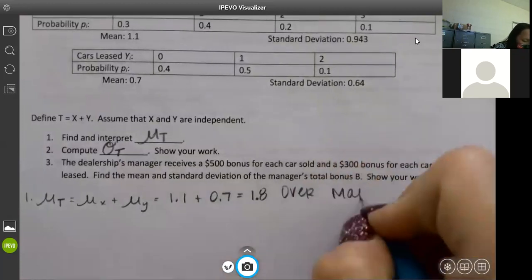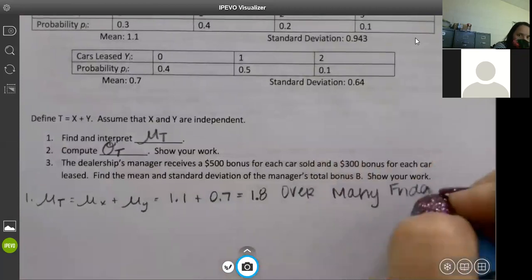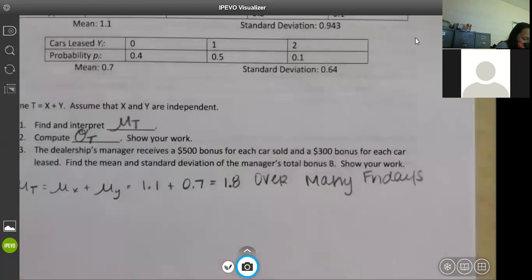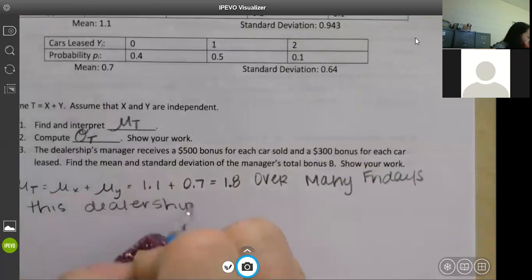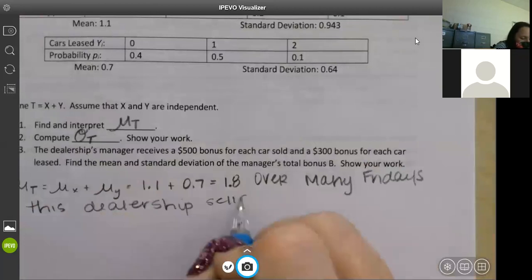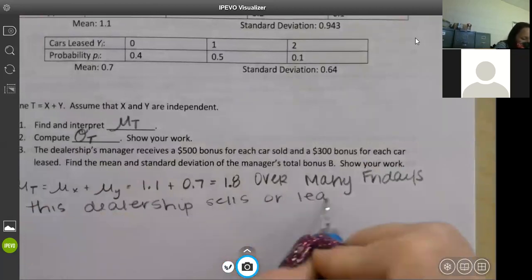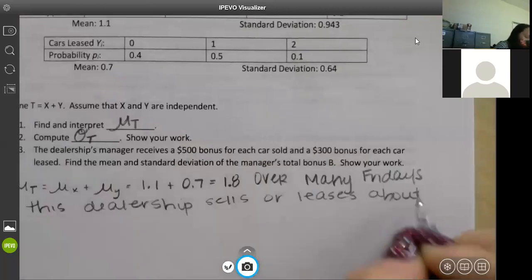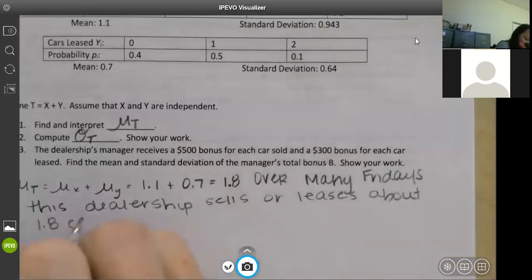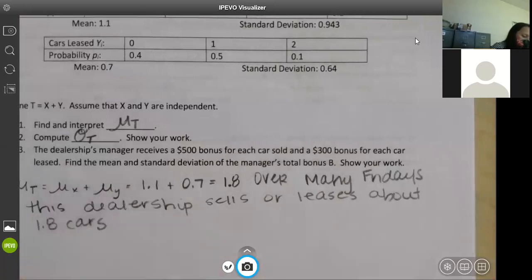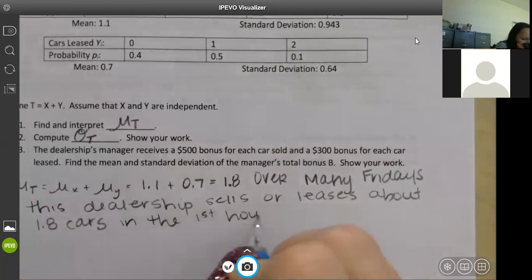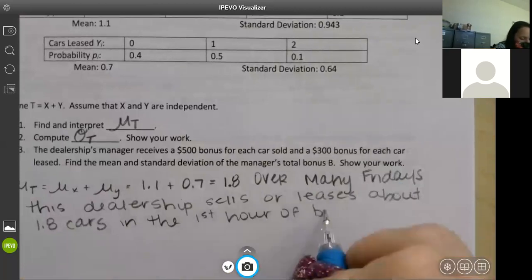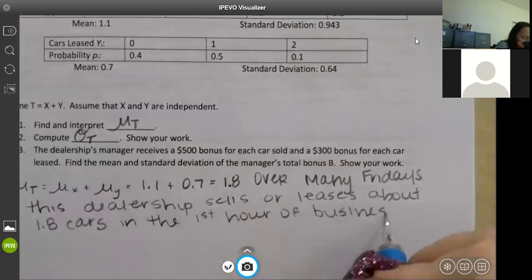Over many Fridays, this dealership sells or leases about 1.8 cars in the first hour of business on average.